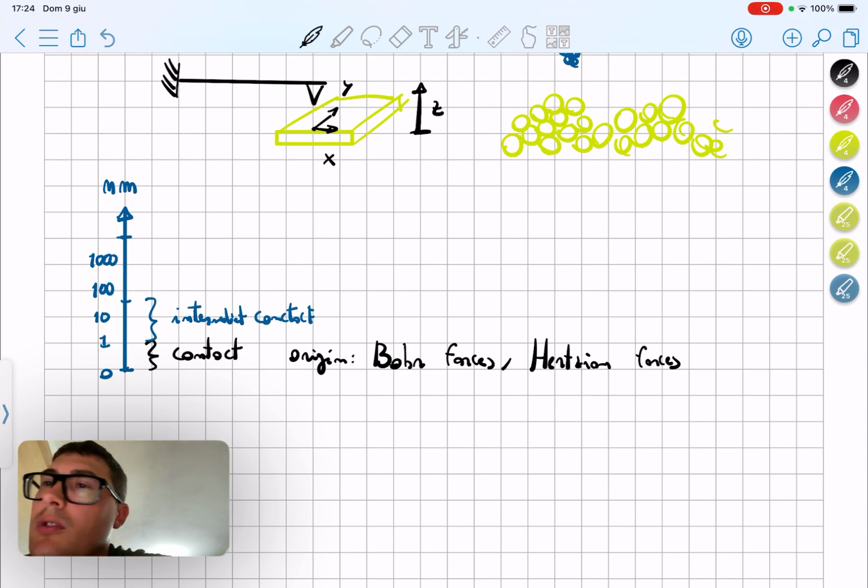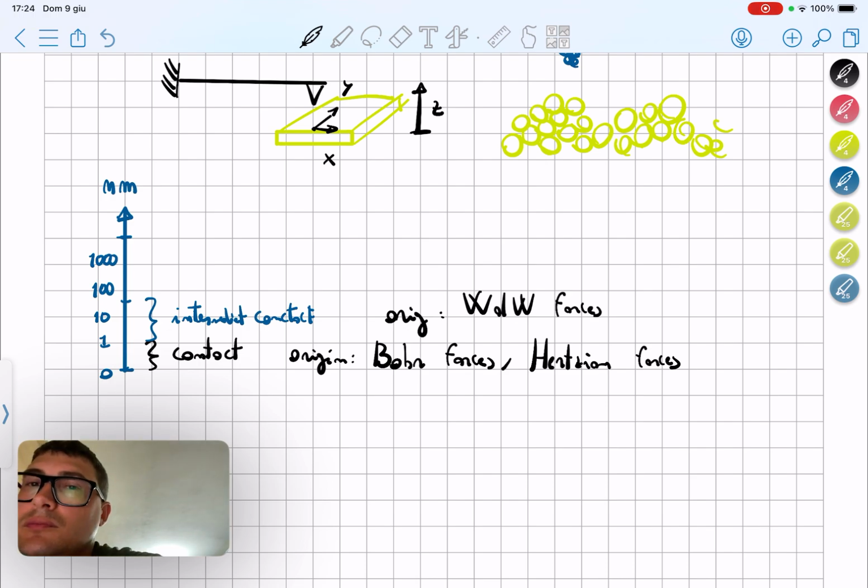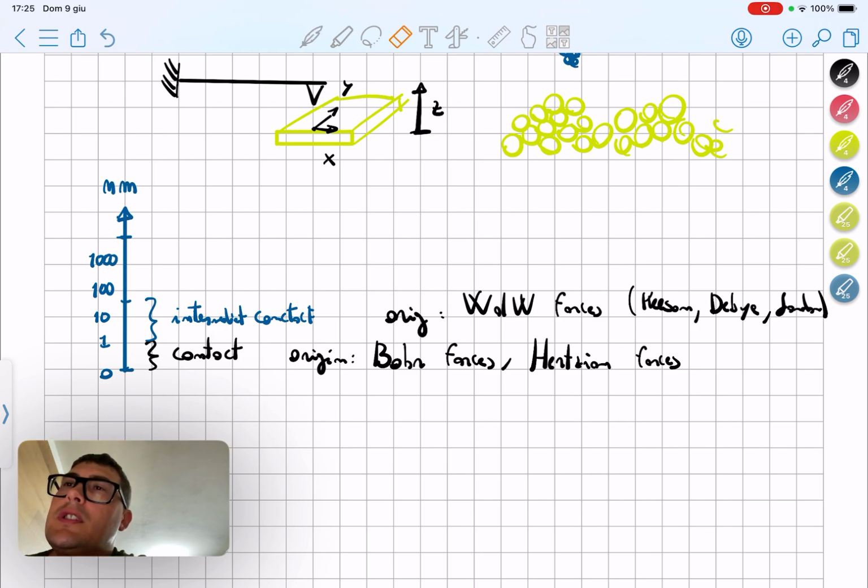In this region, the origin of the forces is van der Waals forces, in particular Keesom, Debye, and London van der Waals forces.